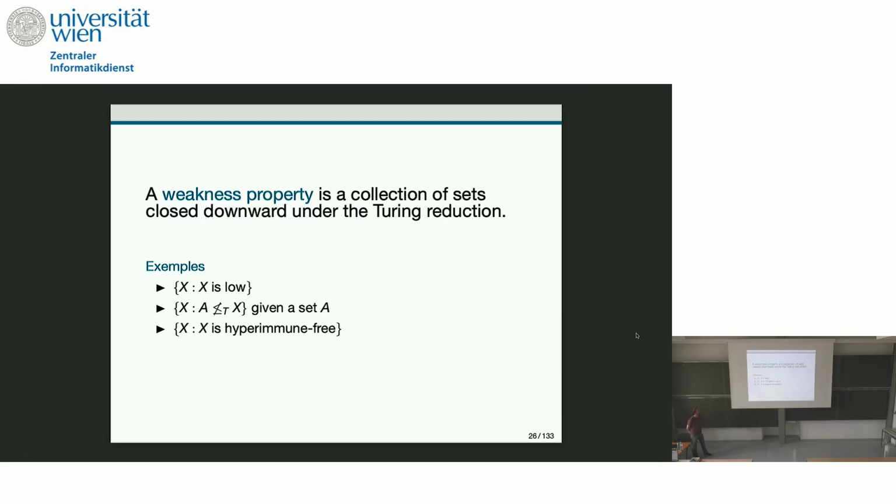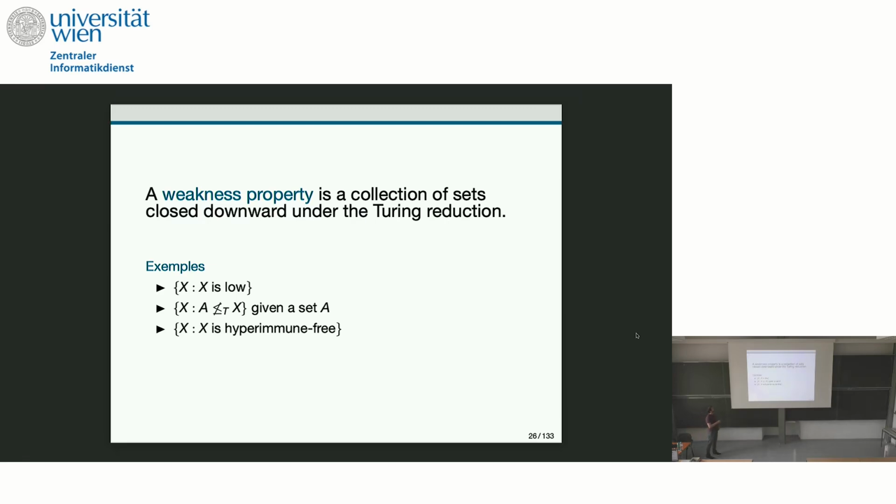weakness property. So a weakness property is just a collection of sets which is closed downward under Turing reductions. So in particular, every Turing ideal is a weakness property, but there are many more. So being low is a weakness property, because low means you have the same degree of halting set as the standard halting set.